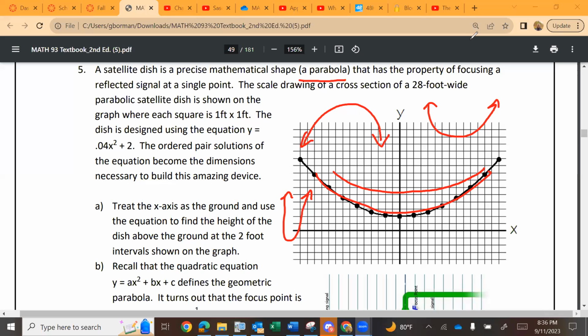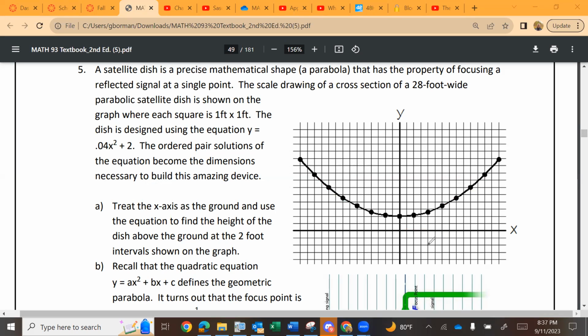Anyway, it says the scale drawing of a cross section of a 28-foot wide parabolic satellite dish is shown on the graph where each square is 1 foot by 1 foot. This tells us that each block horizontally is 1 foot, and vertically that's 1 foot, and so on.